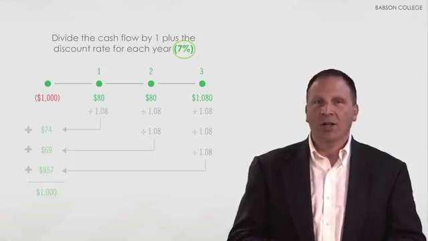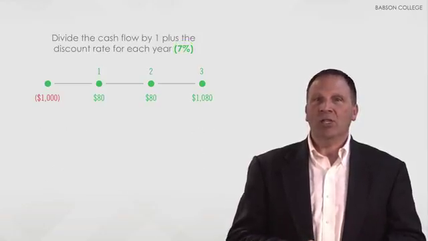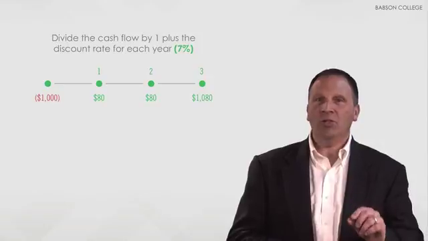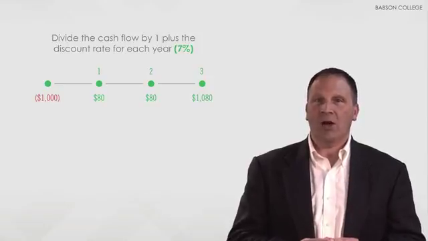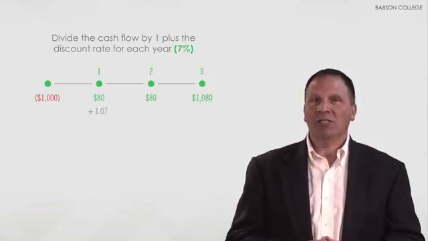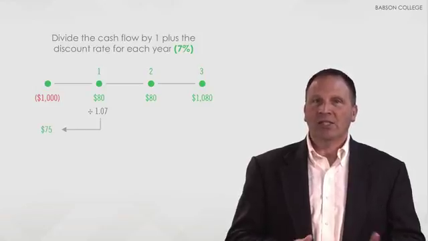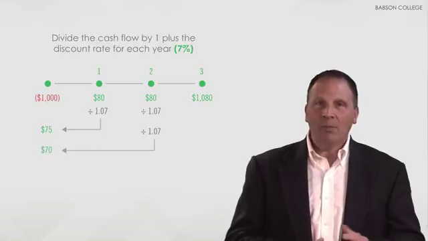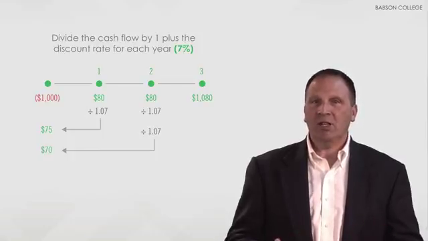But by how much? Let's redo the math using the bond's cash flows, but now using the new 7% discount rate. Or this is the rate that you divide by. The first $80 payment divided by 1.07 will now give you $75. The second $80 payment divided by 1.07, then again by 1.07, will be $70.